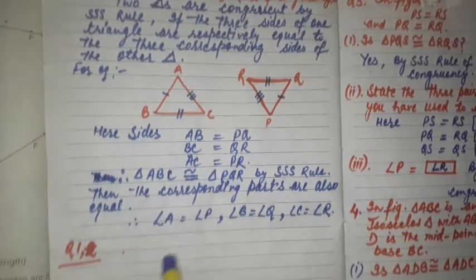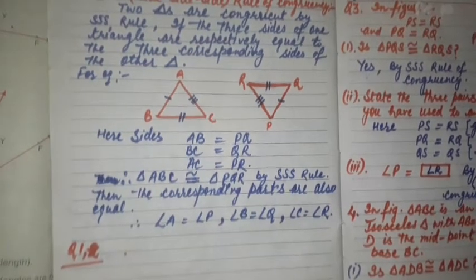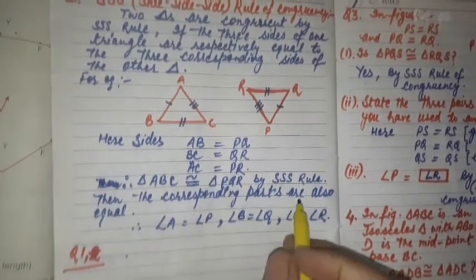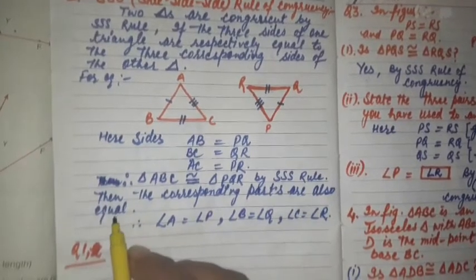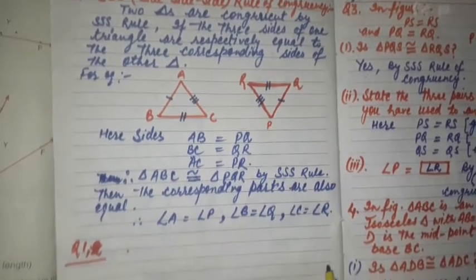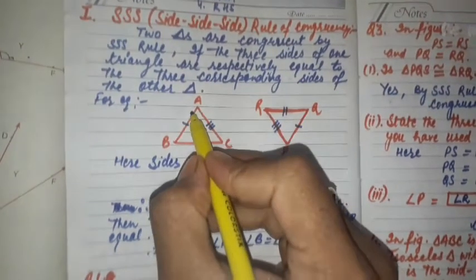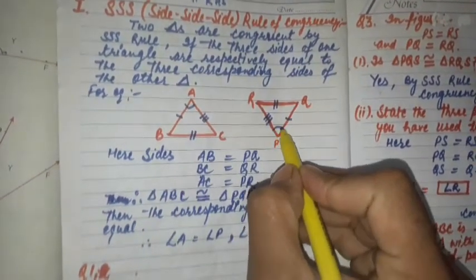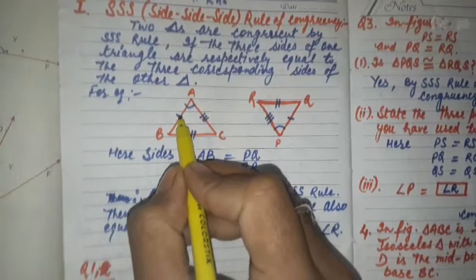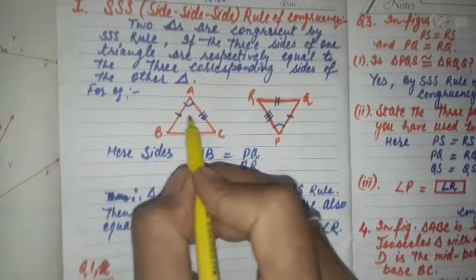When these are equal, then by the CPCT rule, the corresponding parts of these two congruent triangles are also equal. By which rule? By the CPCT rule. Angle A is equal to angle P; this angle lies between the sides having one cut and three cut.